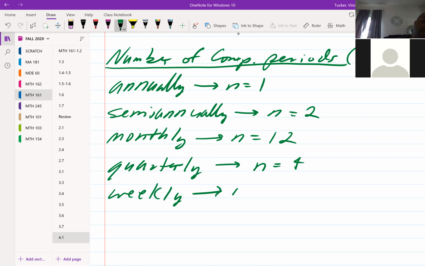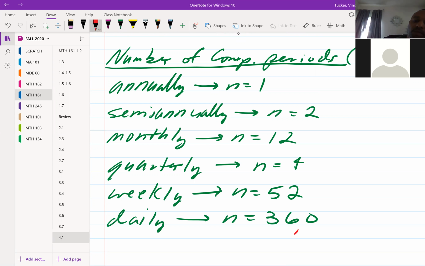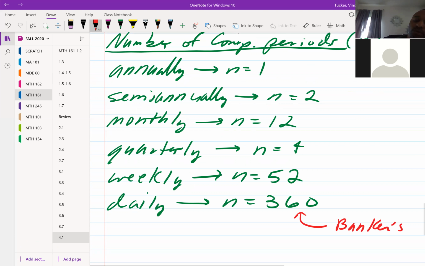Weekly, n is equal to 52. And then the last one, daily, n is equal to 360. And it's going to be 360 instead of 365 because of what they call Banker's rule.